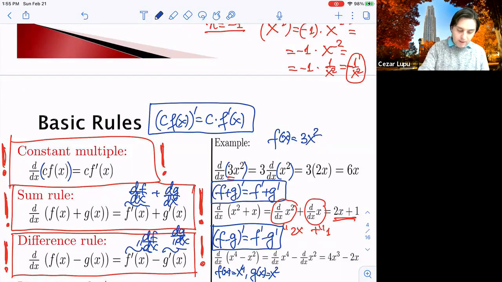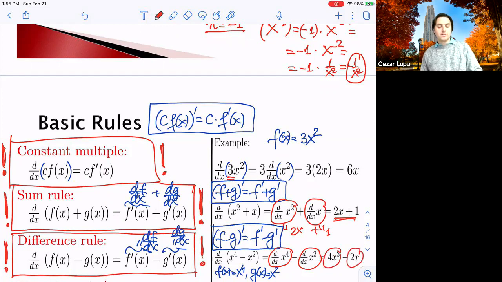So we will have this, minus the derivative of this, both of them with respect to x. And now at this point, we can apply the power rule, right? So the first one will be 4x cubed, and the second one will be 2x. So that's the difference rule.